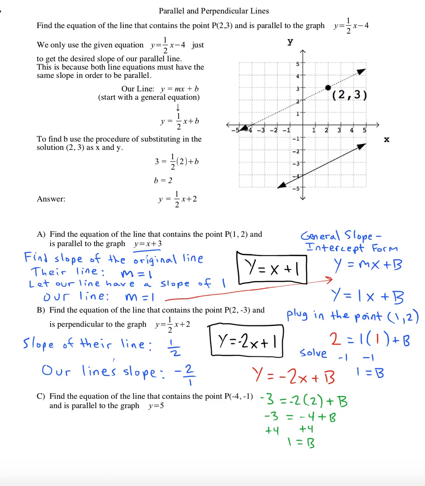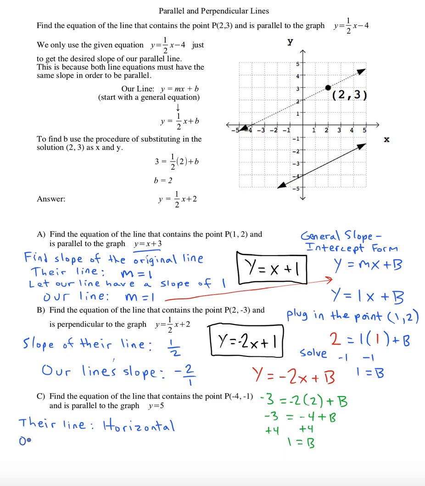Okay, last one. We need a graph that's parallel to y equals 5. So notice that their line is horizontal because it involves y only.